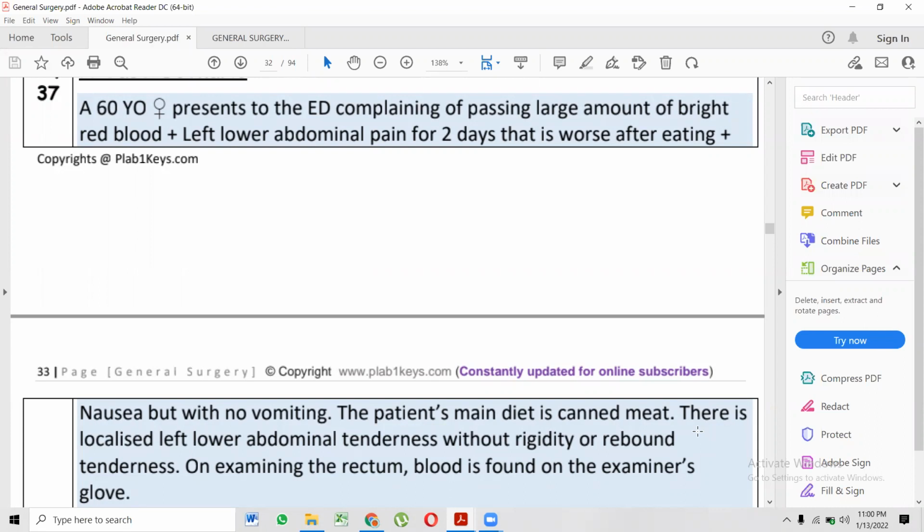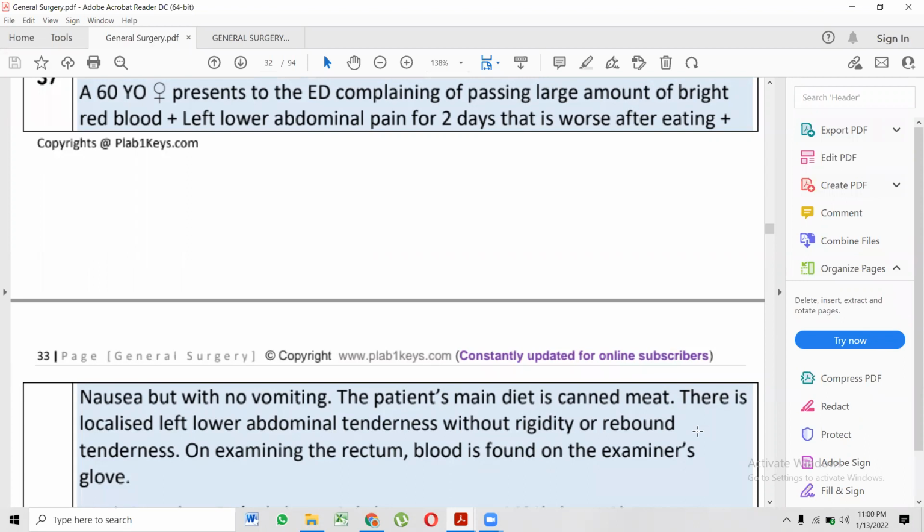Left lower abdominal pain for 2 days, worse after eating. Nausea but no vomiting. The patient's main diet is canned meat. There is localized left lower abdominal tenderness without rigidity or rebound tenderness. On examining the rectum, blood is found on the examiner's glove. What is the most likely diagnosis in this scenario?